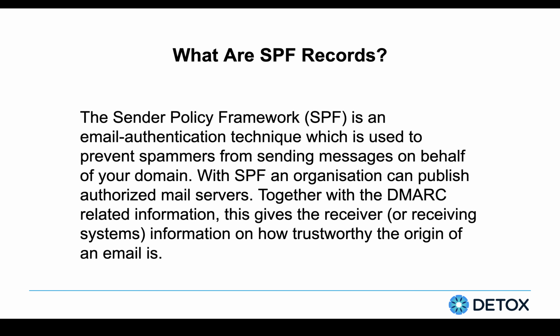It is an email authentication technique which is used to prevent spammers from sending messages or mails on behalf of your domain. With SPF, an organization can publish authorized mail servers together with the DMARC related information. This gives the receiver information on how trustworthy the origin of an email is.